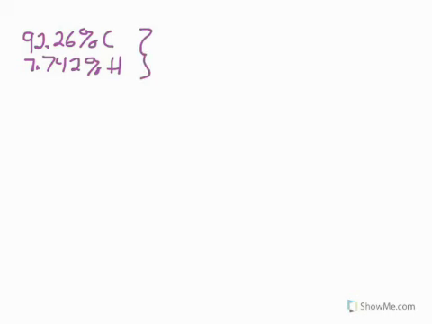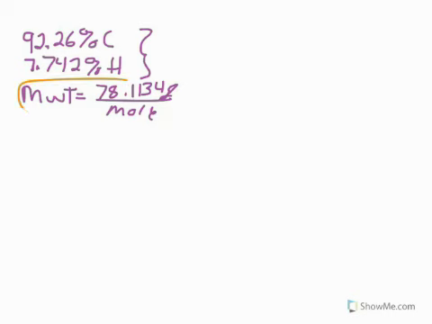The molar mass, and I write molecular weight, is equal to 78.1134 grams per mole. So what I want you to do is calculate the empirical formula like we just did, and we're going to get the molecular formula from this piece of information.